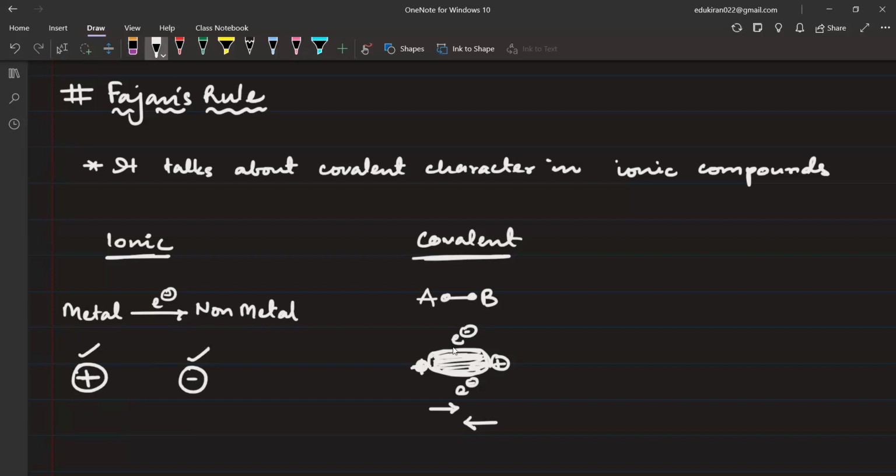Which is having more electrons, cation or anion? Anion. Anion is having. Very good. That means if there is any electron density between these two ions, it will be coming from the anion only.